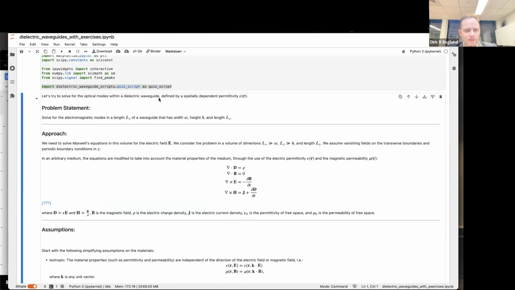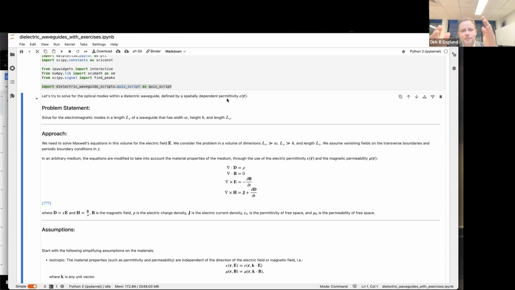And the dielectric waveguide, what is it defined to be? Well, let's say it's defined by the spatially dependent permittivity epsilon, which is epsilon naught times the dielectric refractive index squared. Okay, that's the spatially dependent permittivity.